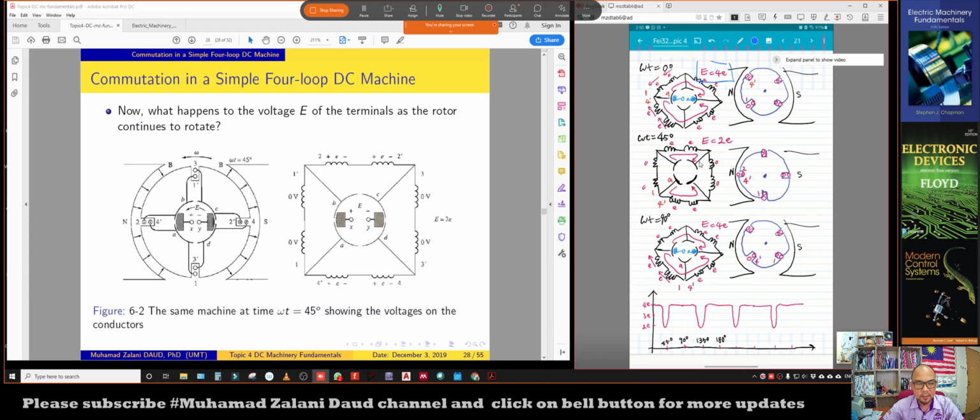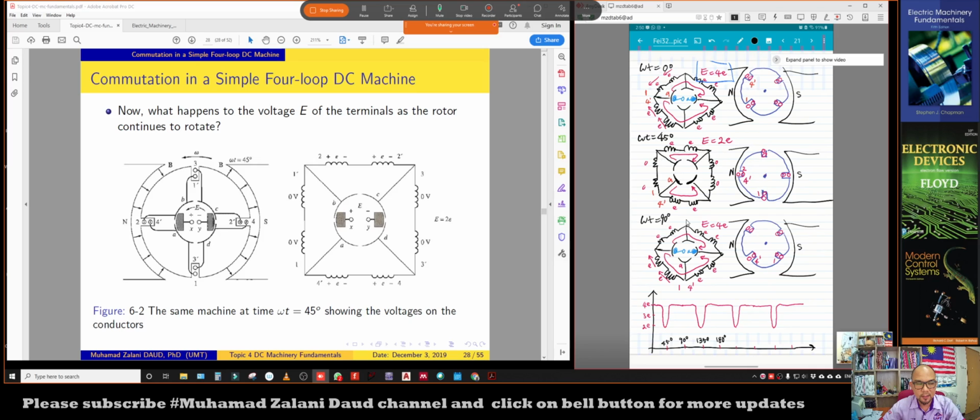As you can see, not all of the wire loops are under the pole faces, so not all segments will be induced with voltage. All right, so we have only two segments that will be induced by the voltage, which is this segment and the other segment. And at this 45 degree condition, E equals 2E.